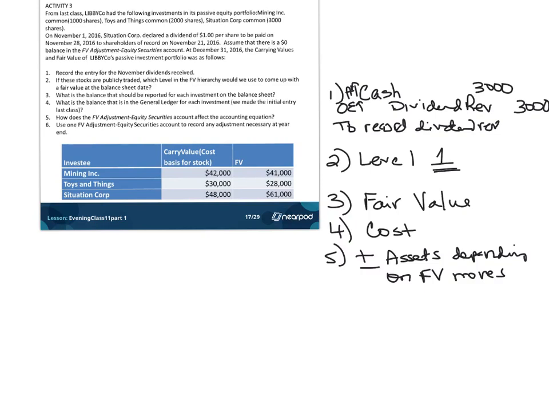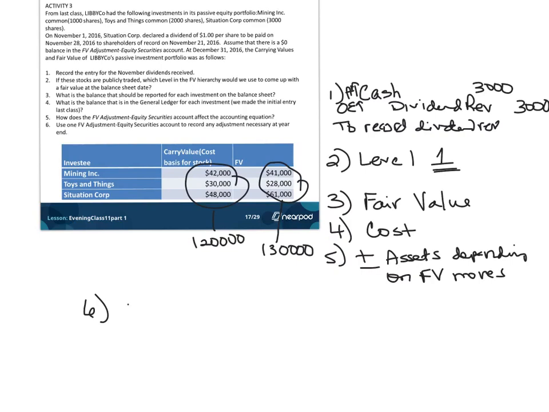Depending on where the fair value moves to. Okay, so we're just going to do one entry to record this fair value adjustment. And I'm really simply just going to say, okay, the fair values sum up to 130. The cost was 120.